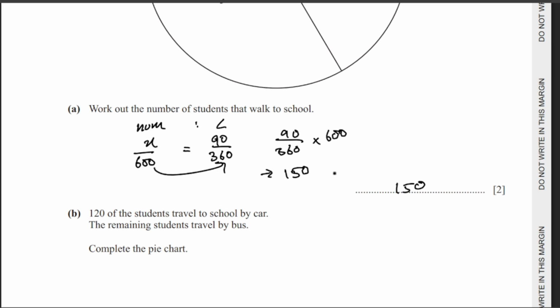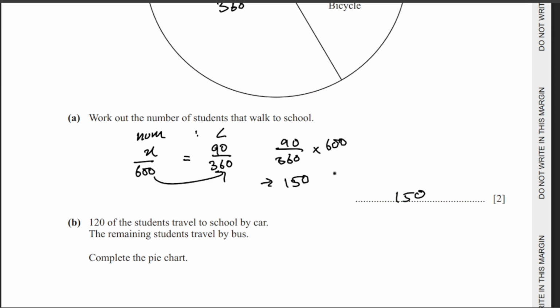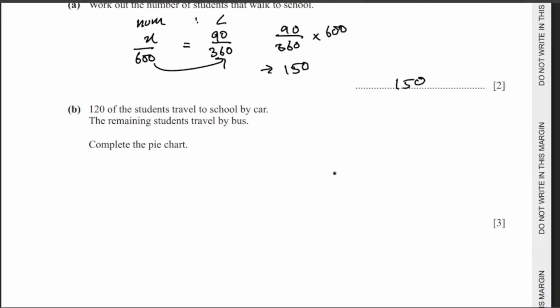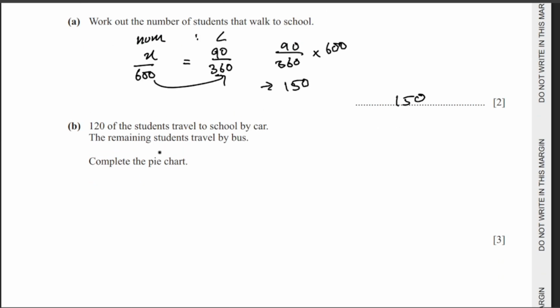120 students travel to school by car. The remaining students travel by bus. Complete the pie chart. All right, so if 120 students travel to the school by car, what angle would that be? Same thing. So 120 students drive by car, 600. We're using the same ratio as above. What angle is shown? No idea. This is 360.